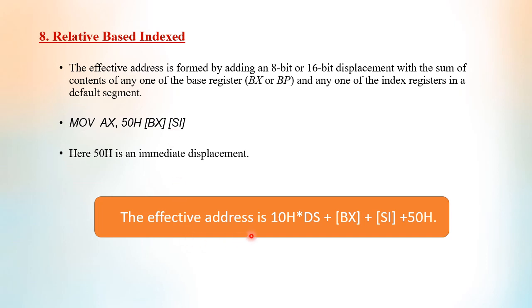So this is the way in which we calculate the effective address: 10H × DS + BX + SI + 50H. 10H × DS means shifting the DS register value to the left by 4 bits, then adding the values in the BX register, SI register and the displacement value 50H together, and this is how we calculate the effective address.